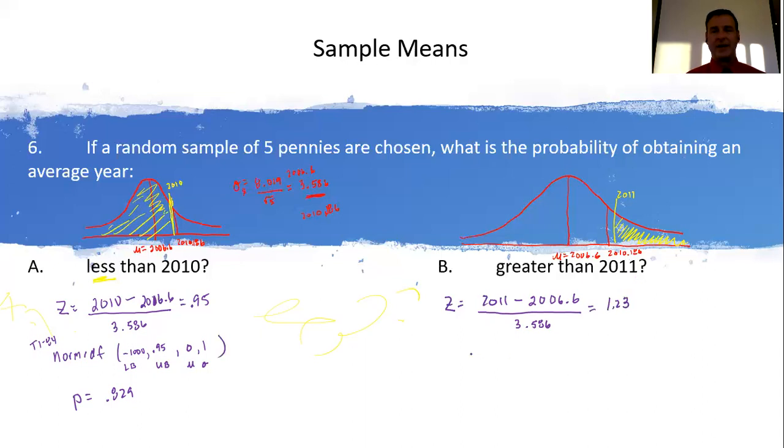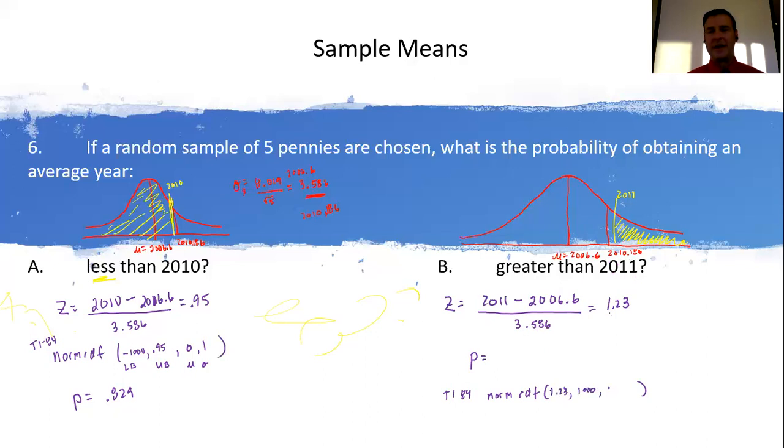If you look that up on your chart, you'd have to subtract from 1 because you're shading to the right. Or if you had done a norm CDF, your lower boundary here is 2011, or the z-score that corresponds with that, 1.23, and the upper boundary is 1,000.